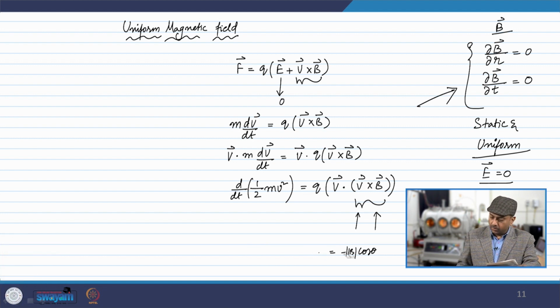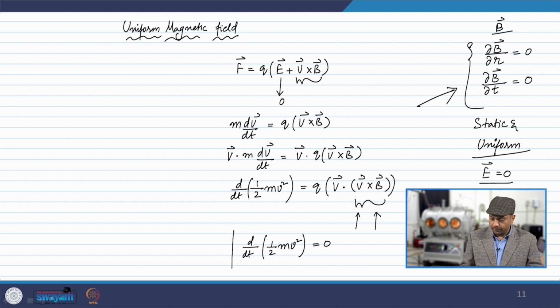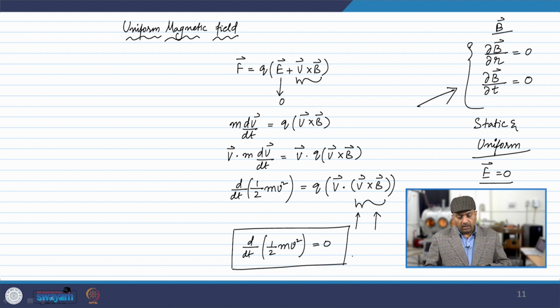So, if the entire right hand side becomes 0, we will write d/dt of half mv² is 0. What does it mean? The rate of change of energy with respect to time becomes 0. So, the magnetic field is not able to do any work on the particle.